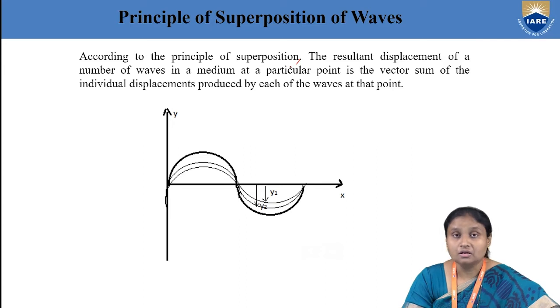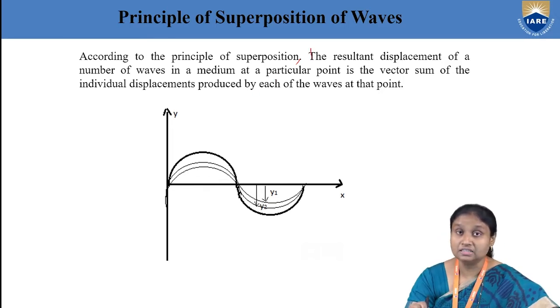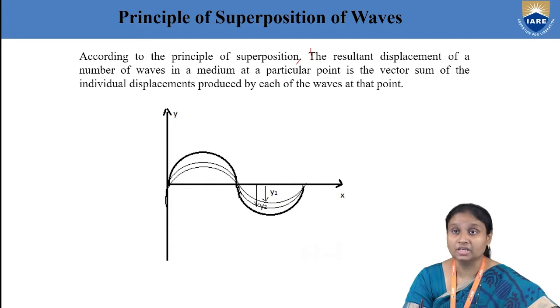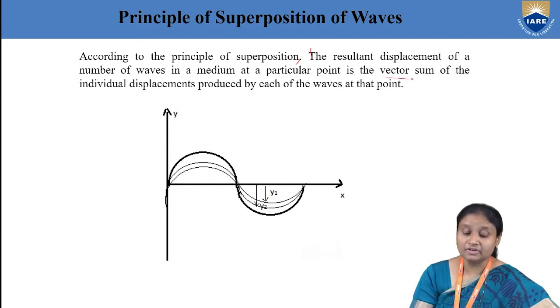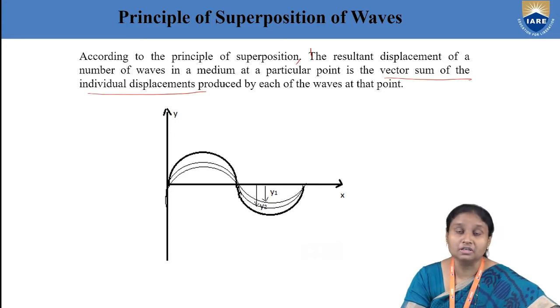Then the resultant displacement in the region of overlap is given as the vector sum of the individual displacements of each of the waves.